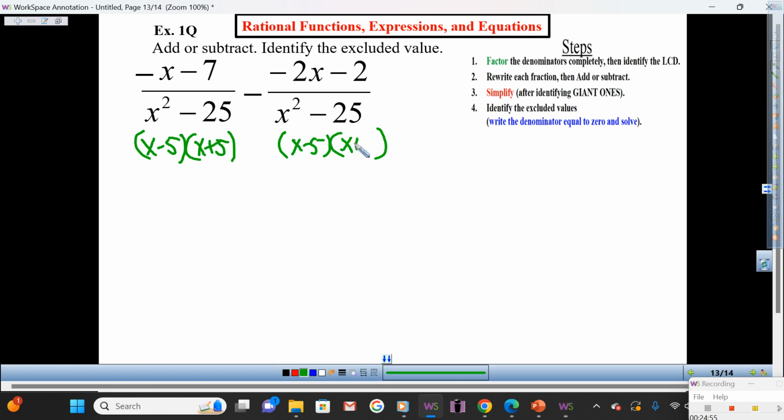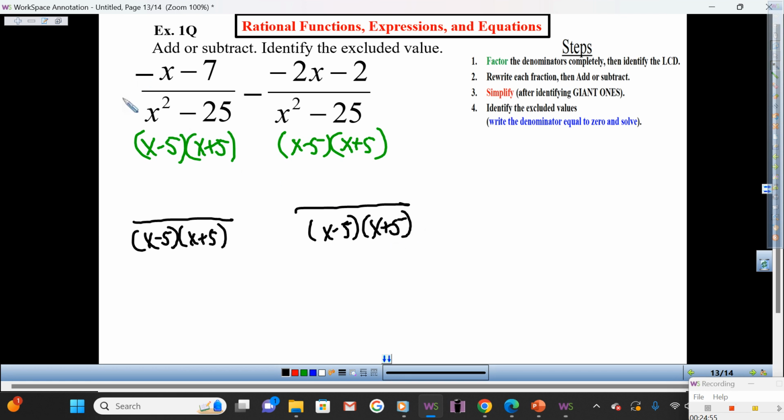Yes? All right. From there, we rewrite each fraction with that denominator. X minus 5, x plus 5. X minus 5, x plus 5. Since we didn't multiply the numerators by anything, the first numerator stays the same, so negative x minus 7. So far so good, yes? However, what did you write for the second numerator?